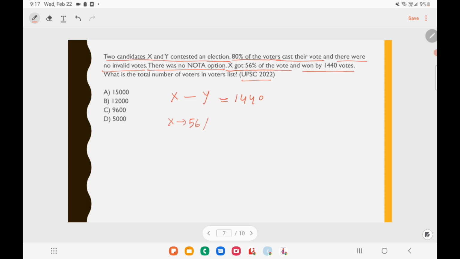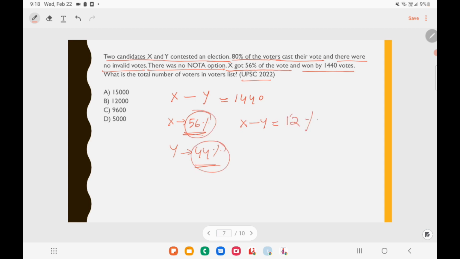Since none of the votes were invalid or for NOTA, Y would have got 44% of the vote because the total percentage is 100. So X minus Y in percentage terms is 56 minus 44, which is 12%.